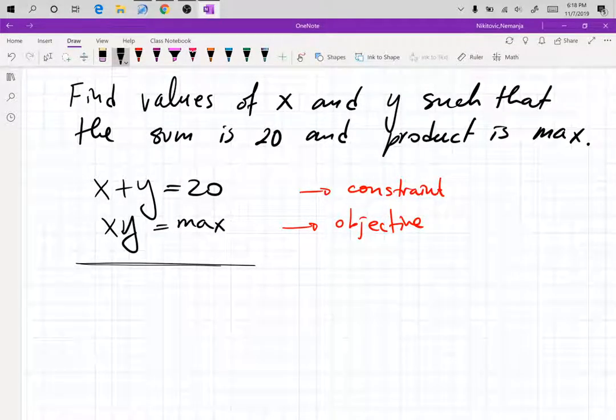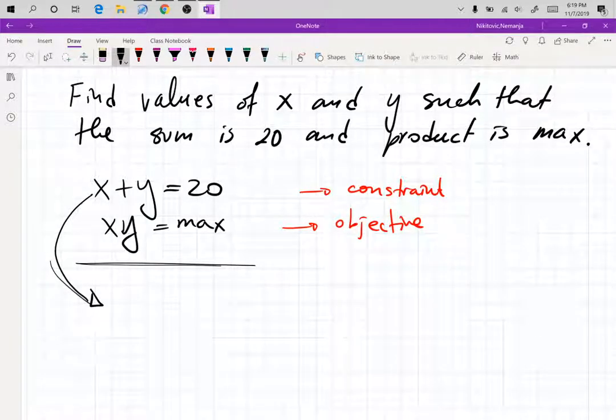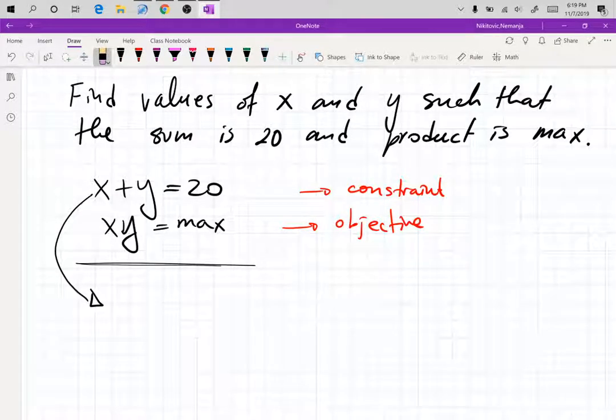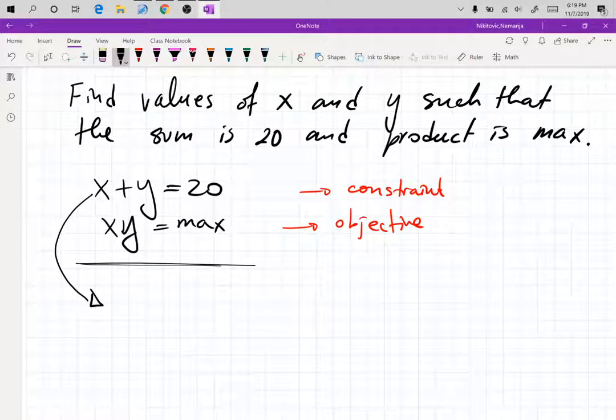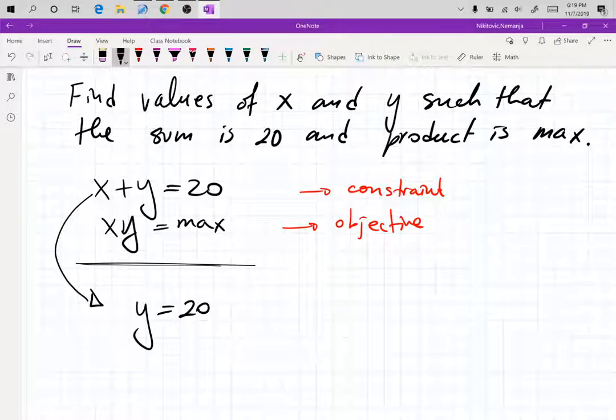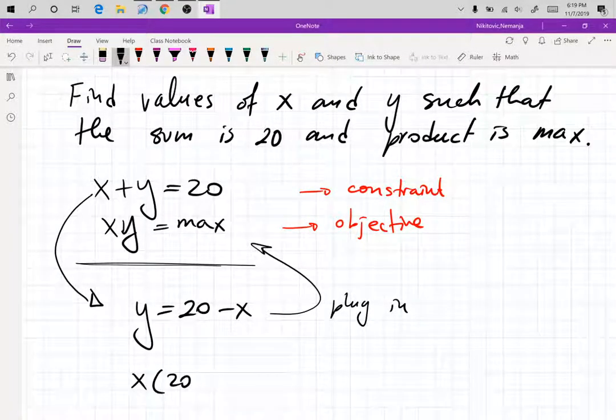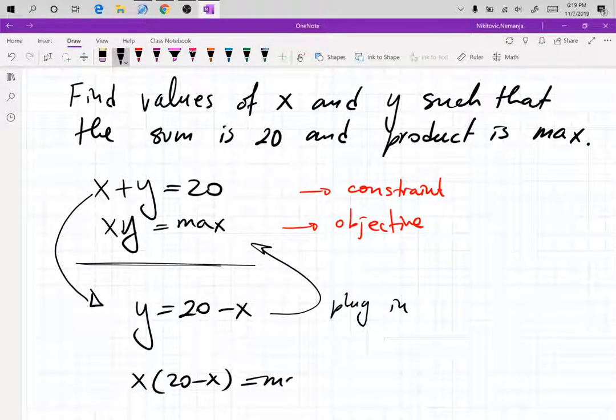So what you do is you take your constraint function and you solve it for one of the two variables. Say y equals 20 minus x. And then you plug that into the objective function, and you will get x times (20 minus x) equals a max.